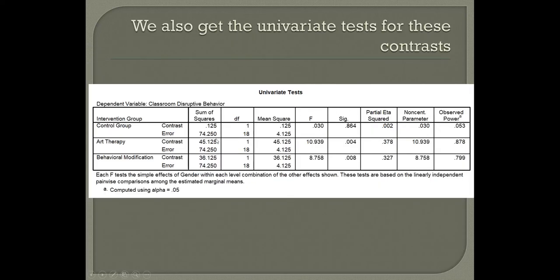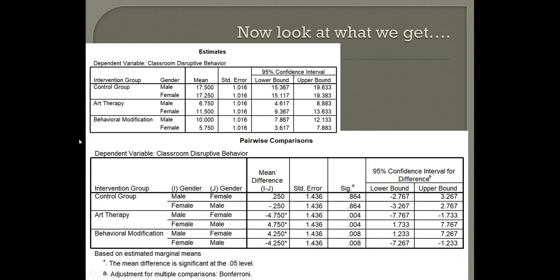But we'll also get output looking at what is the effect of the IV taken together on the DV at various levels of the independent variable. Actually, these are identical to the previous ones because this IV that we were comparing only has 2 levels.